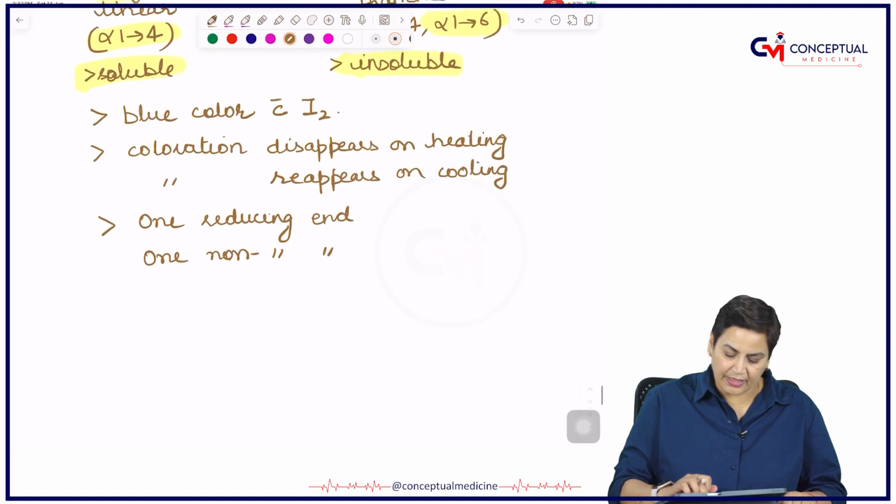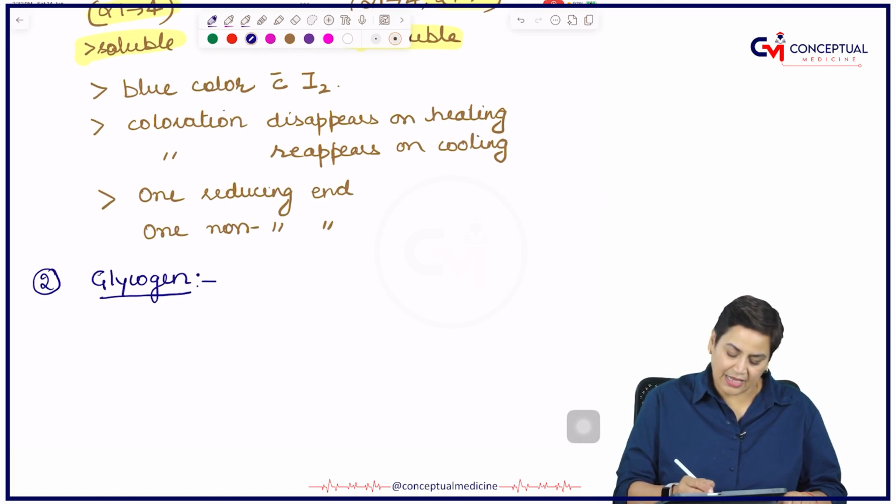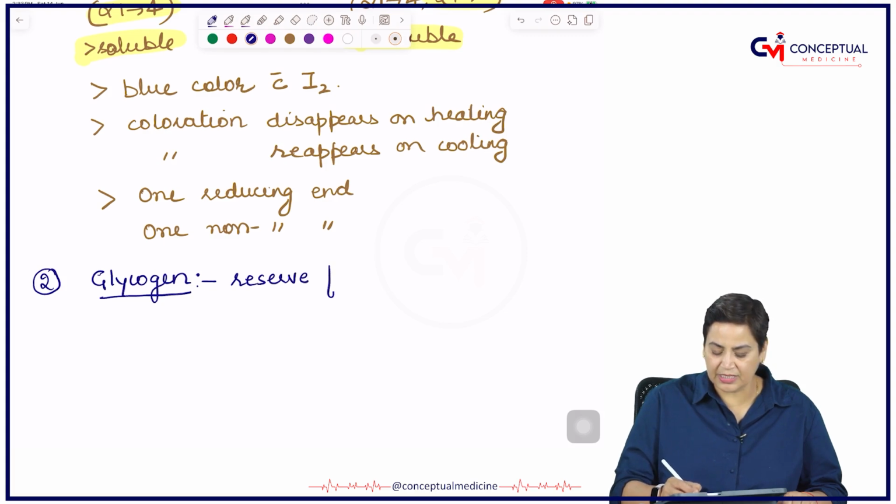Then the second one is glycogen. Now, starch we know is the reserve food in plants. Glycogen is the reserve food in animals, or to be more precise, the reserve food in humans.